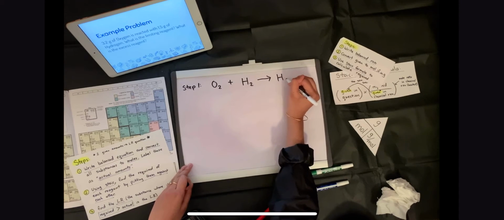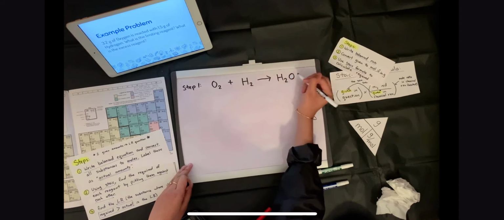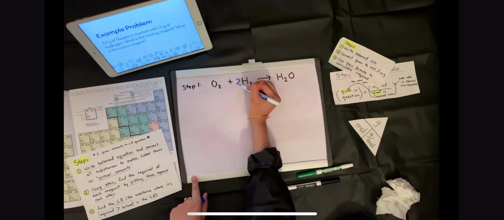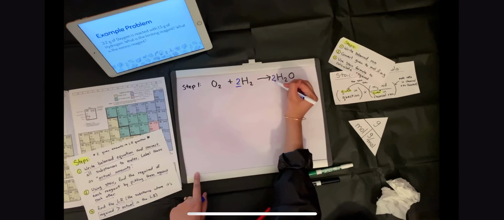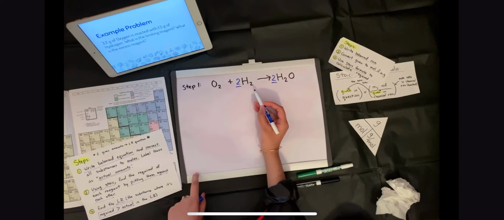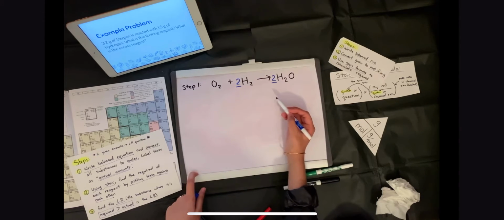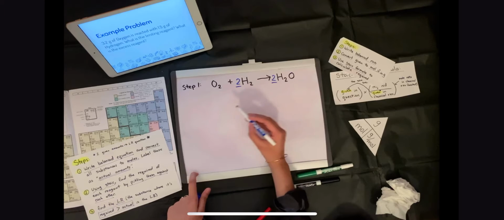So you know that. Now we have to balance. Now there are 4 hydrogens on each side and 2 oxygens on each side. So that's it.